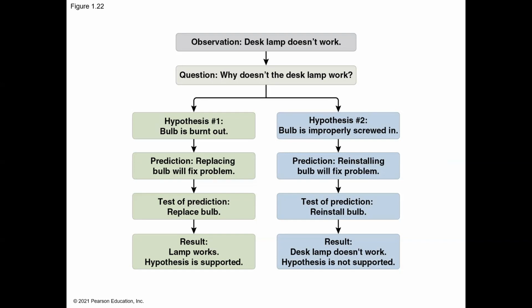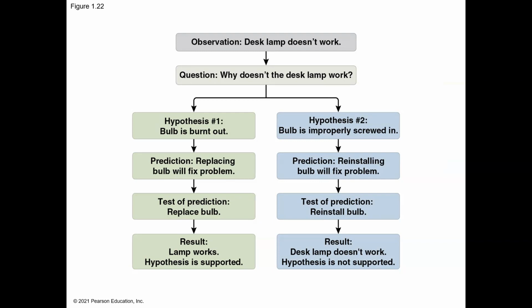The result of that experiment is that the lamp works. So that means that your hypothesis was correct. It's supported. The other potential hypothesis is that the bulb's not properly screwed in. So a prediction is, okay, now I can just reinstall the bulb. I can retighten the bulb. The test of the prediction, the experiment, is you reinstall the bulb.